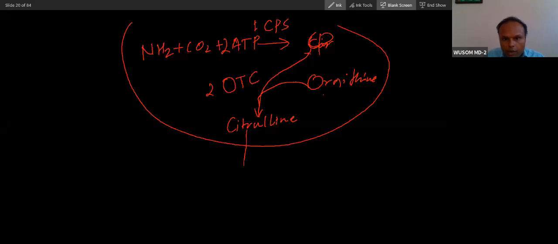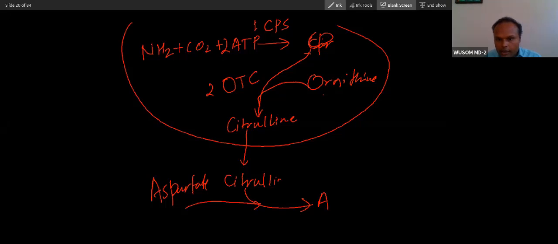So citrulline comes out of the mitochondria. This citrulline will react with aspartate, I told you the second amino group comes from aspartate, and this becomes arginosuccinate.